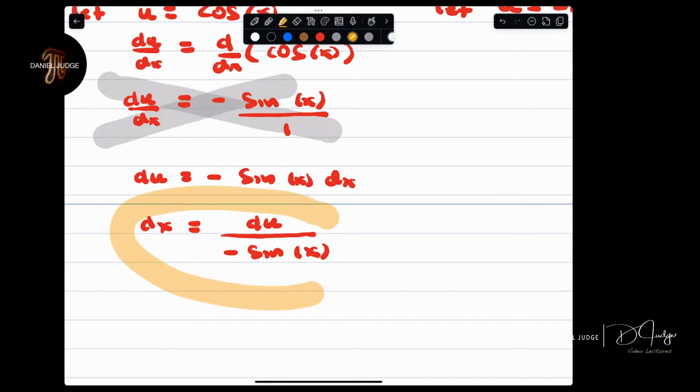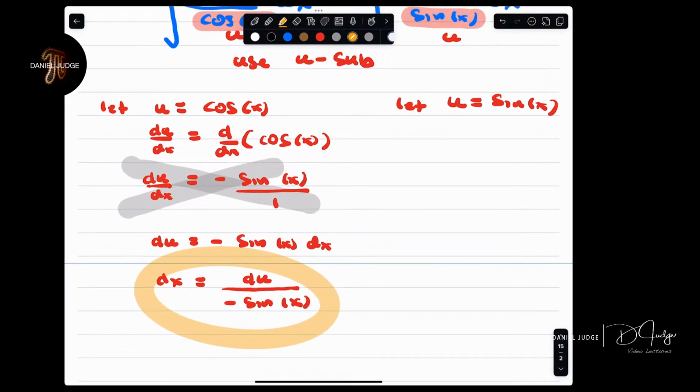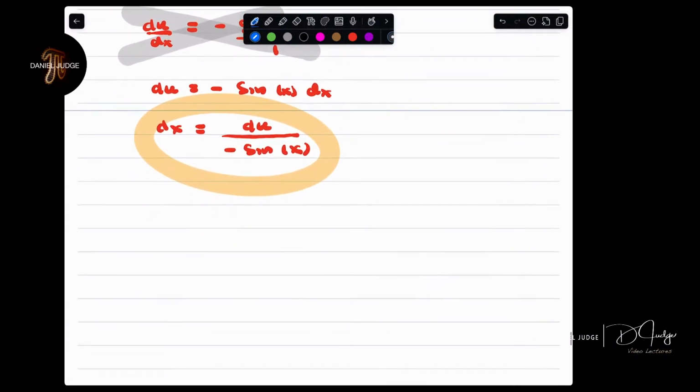So here you go. And now we're ready to substitute. So remember these two key ideas. We have u, and now we have dx. So ladies and gentlemen, let's do that. We have the integral of sine over u times du over minus sine x.